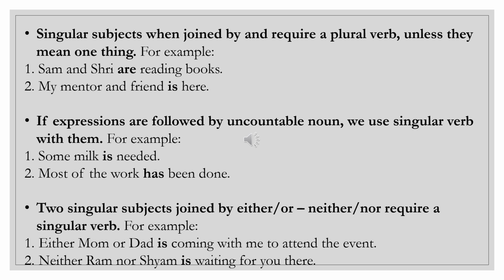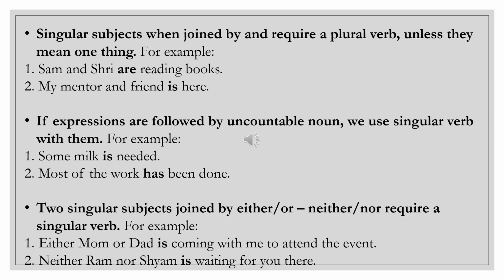Now, in the next example, my mentor and friend is here. Now, in this example, the mentor and friend both refer to the same person. Like the person who is my mentor is also my friend. So as they refer to the same person, the subject becomes singular and therefore we are using is as the verb in this context.